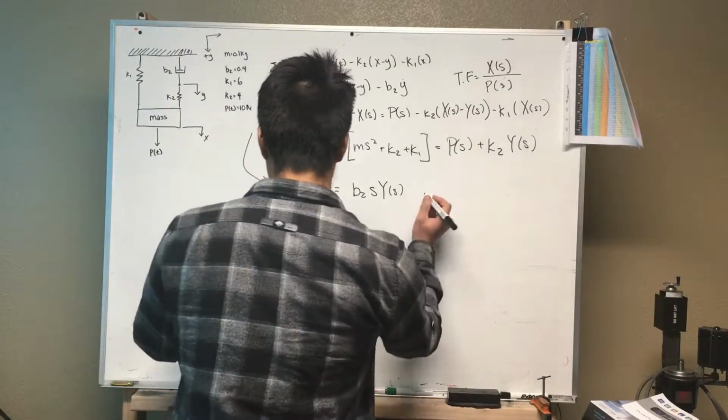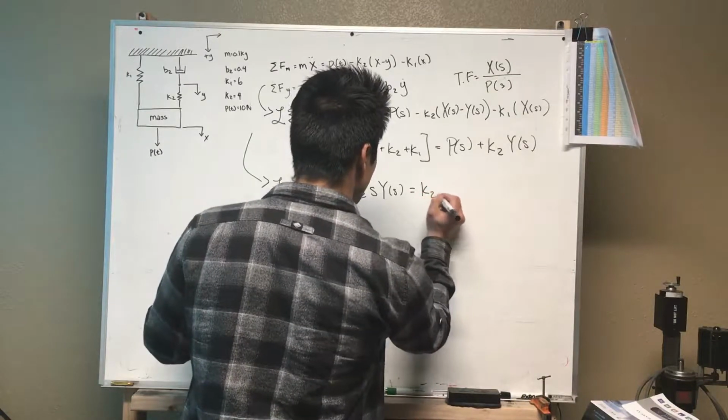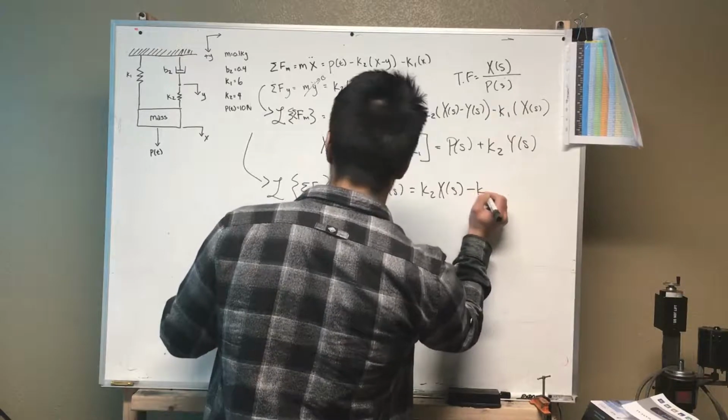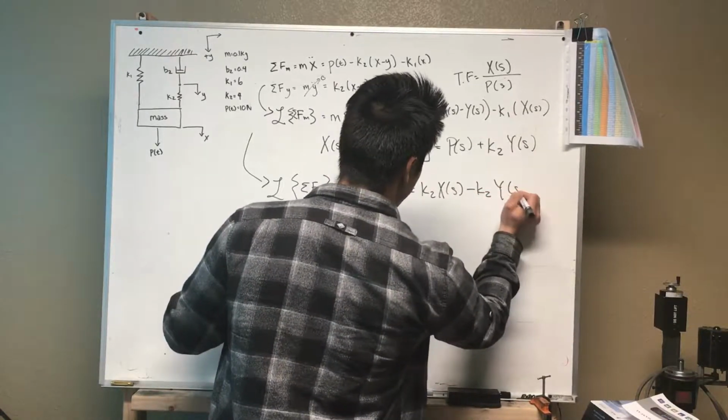That equals k2 X(s) minus k2 Y(s) again.